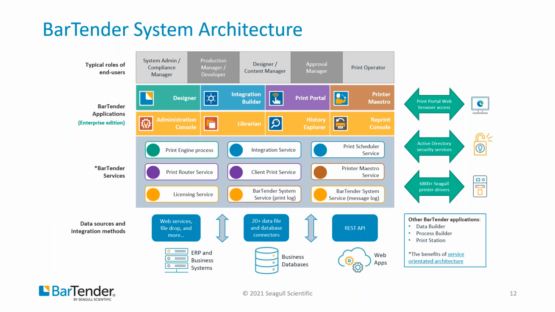The key applications, as you see there: BarTender Designer, of course, is one of the most important, as this is where you design your BarTender document and, of course, the printing of the BarTender document. Integration Builder allows you to build integrations for connecting with business systems as part of the integration platform.